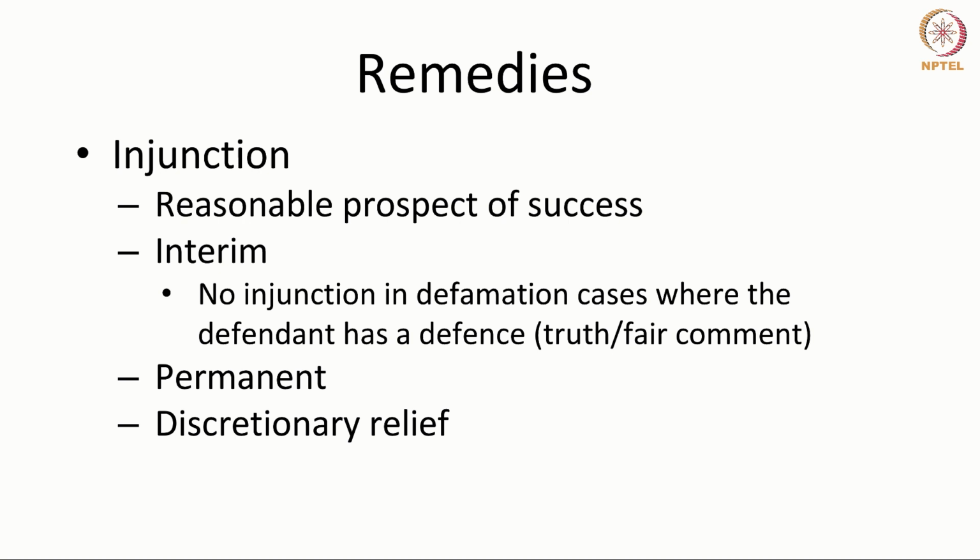The relief of injunction can either be interim, meaning it is passed before the final decision is made, and the interim order protects till the final order is passed by the court. And it can be permanent, meaning the court has finally decided the case and the court allows the injunction to continue beyond the case.